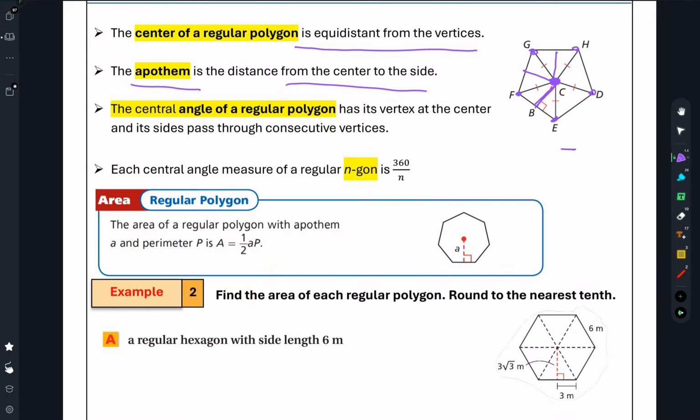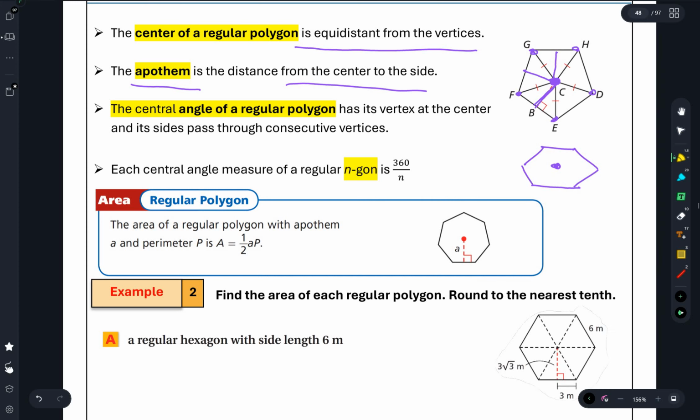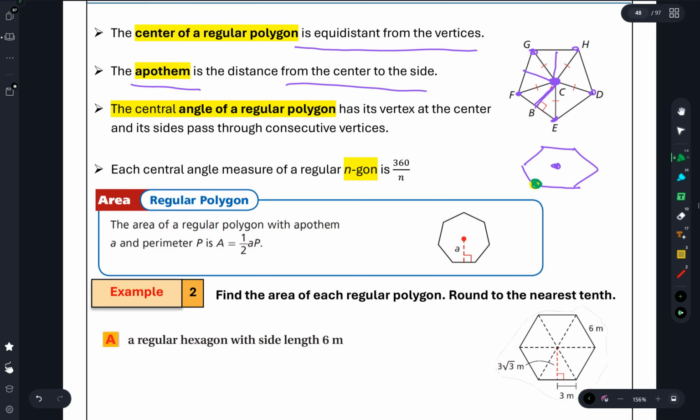For example, if I have a hexagon like this, a very bad hexagon, the apothem is the distance from the center to the side, not to the vertex. This is the apothem, but this one is R. So be careful.